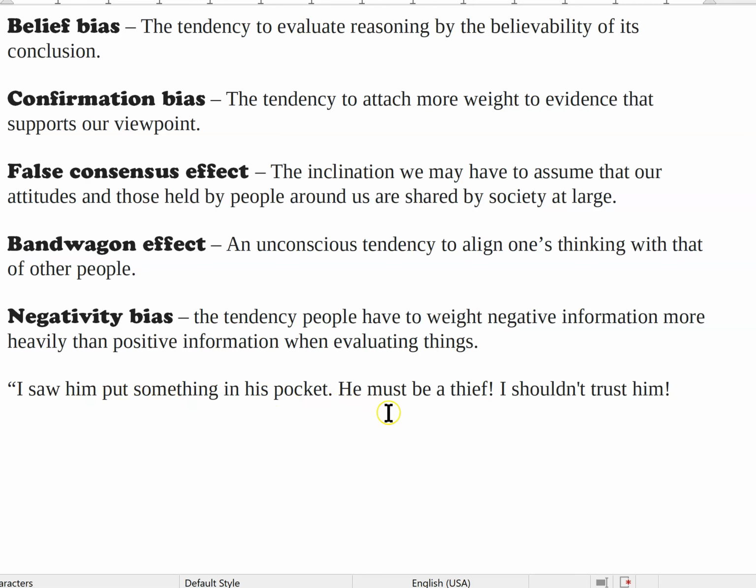Right? This is maybe not the best example, but we were talking about stealing earlier, so let's talk about it. You see somebody put something in their pocket, you think they must be a thief, and you conclude, I shouldn't trust him. Well, he could put anything in his pocket, right? Maybe it was just his hand. I don't know. I'm really bad at thinking of examples when I'm just staring at a computer.